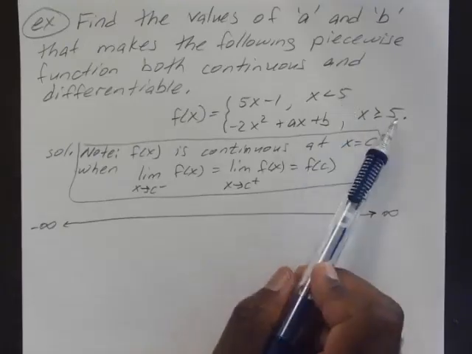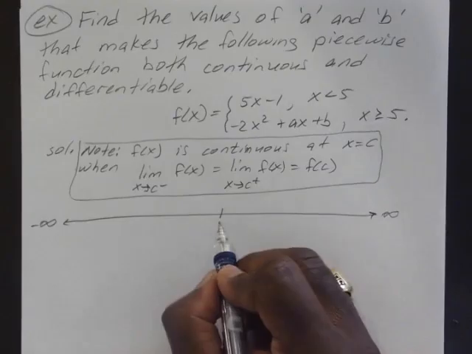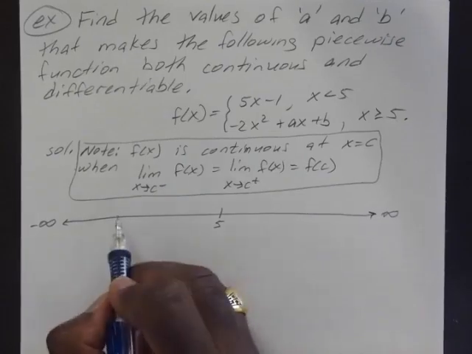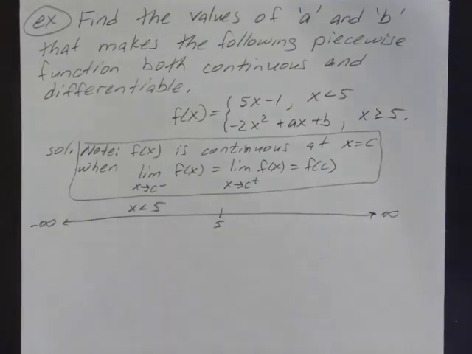Okay. So our constraints revolve around 5. So we know that's our critical number, or our constraint value. I won't say critical number. Okay. So we know that this interval is our x is less than 5.